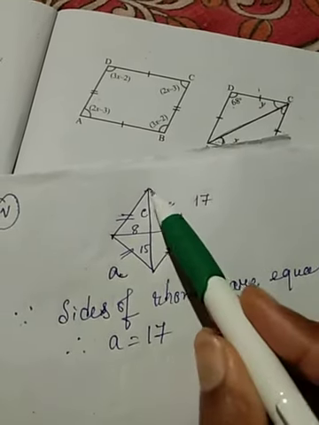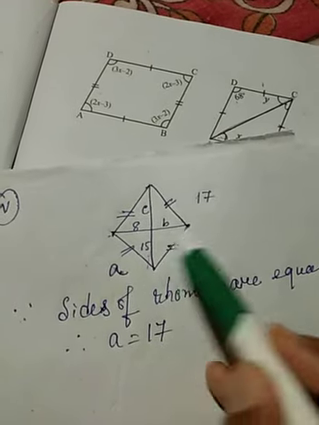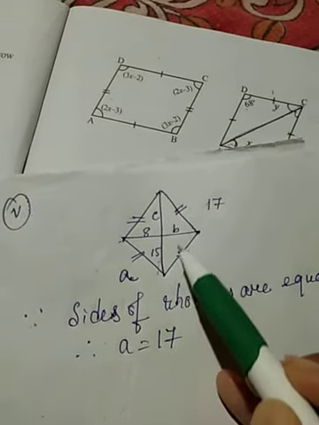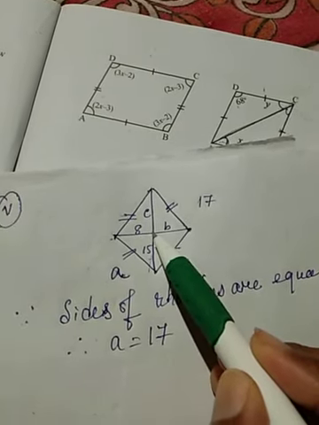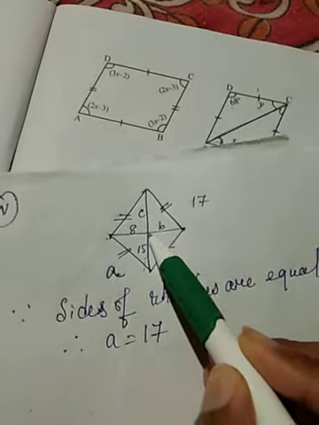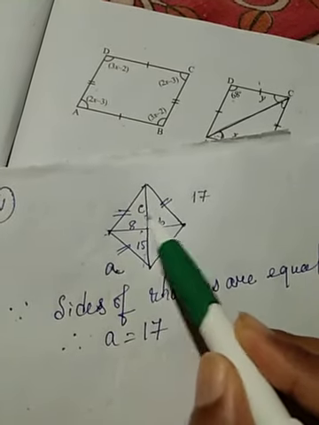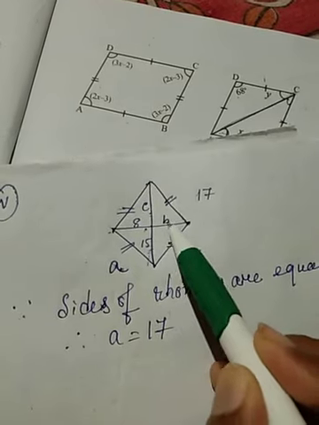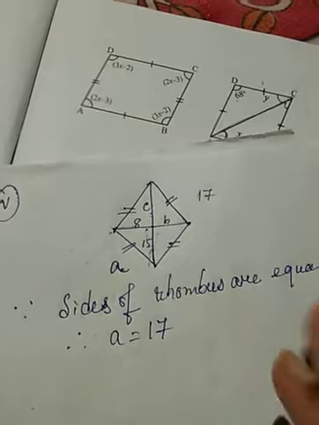Now these are the diagonals of the rhombus, and they are perpendicular bisectors of each other. They intersect each other at this point. So this part is equal to this part, and this part is equal to this part.